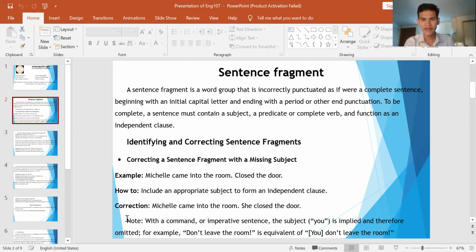So the subject you is omitted. That does not mean it doesn't have a subject, but we call it an imperative sentence. For example, don't leave the room. The equivalent is you don't leave the room. So you omit the subject you.